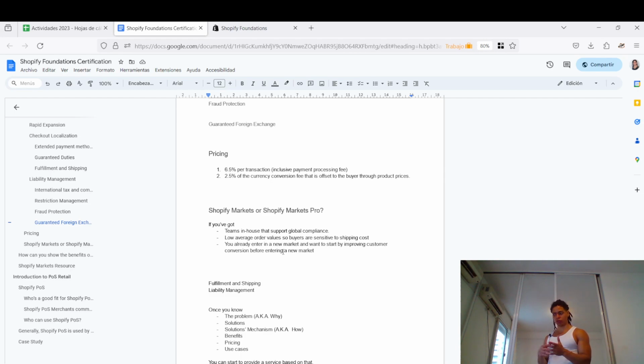So, when not to use Shopify Markets Pro. For example, if you have a team in house that manages compliance, you don't need it. Or if you have low order volume, perhaps it's not the time for you to use it.